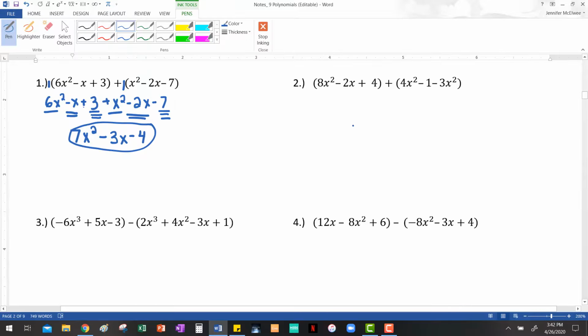For number 2, we're also adding two trinomials together, and again, if you take a look, there's nothing but a 1 outside of those parentheses, so I can rewrite this whole expression without the parentheses.